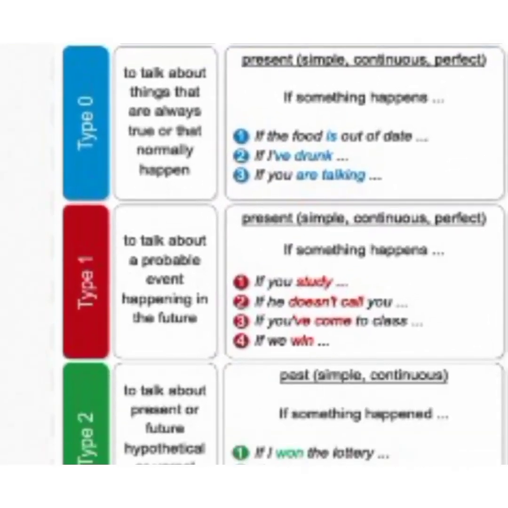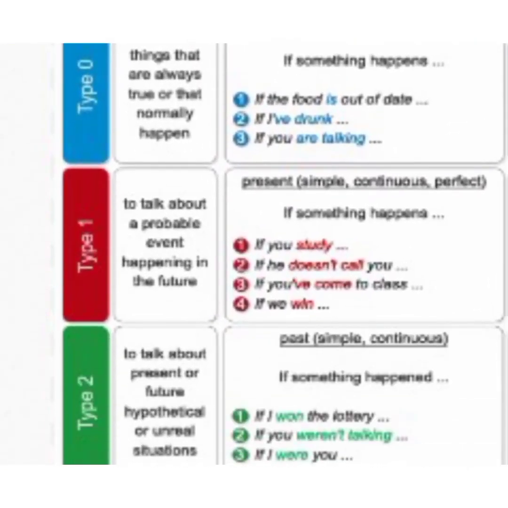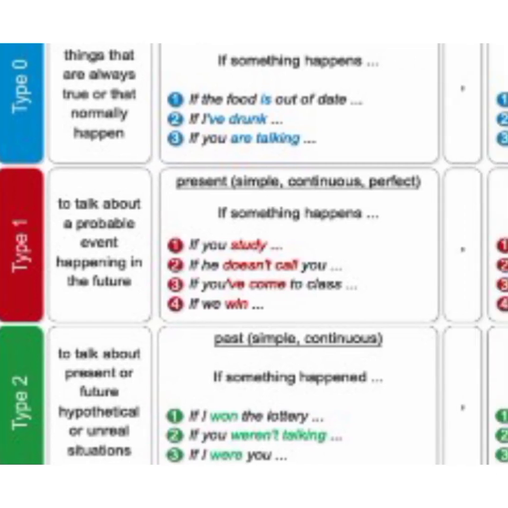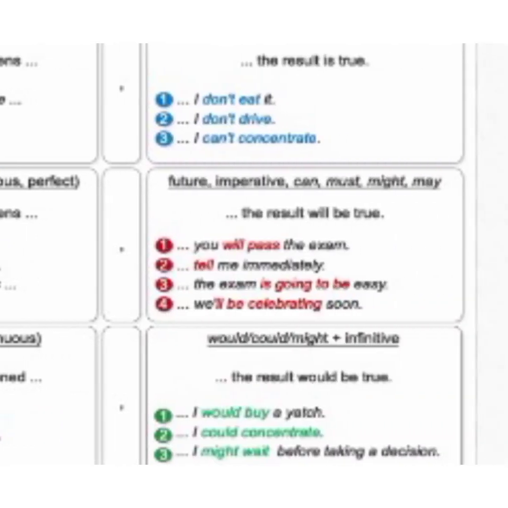So you can see here type 0. See children, type 0 is used to talk about things that are always true, or that always happen, or normally happen. For type 0, if the if clause is in present tense, that is simple present, present continuous, or present perfect, then the main clause should be in present tense.